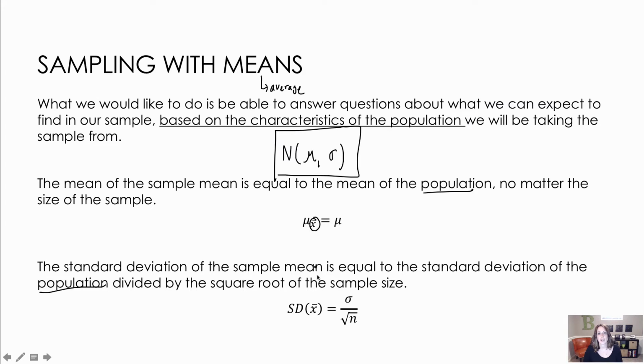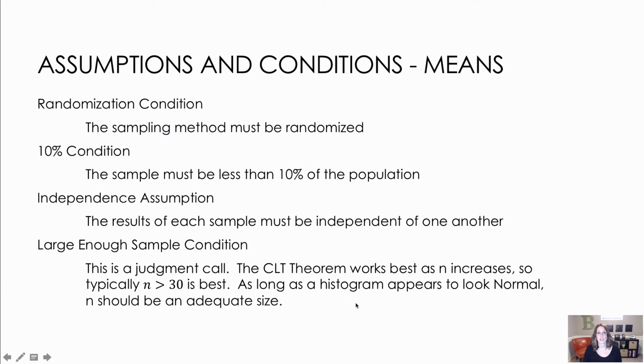So if we have the standard deviation of the population, notice we're going to take the standard deviation divided by the square root of n. So that's going to give us our new standard deviation. And again, that standard deviation will be for the sampling distribution.